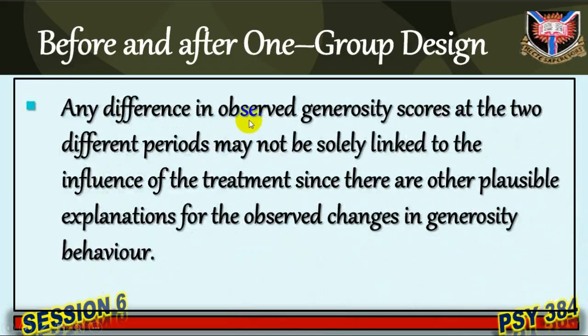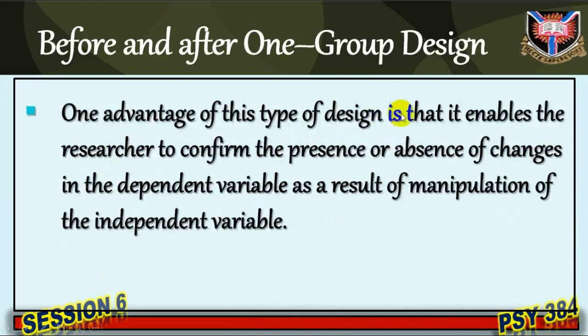Any difference in observed generosity scores at the two different periods may not be solely linked to the influence of the treatment, since there are other plausible explanations for the observed changes in generosity behavior. One advantage of this type of design is that it enables the researcher to confirm the presence or absence of changes in the dependent variable as a result of manipulation of the independent variable.